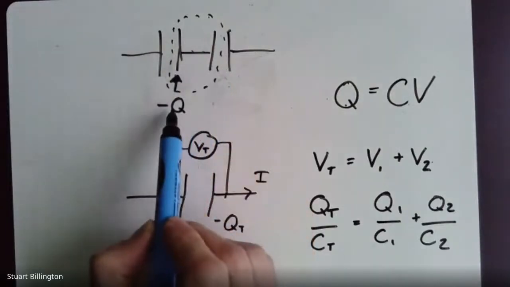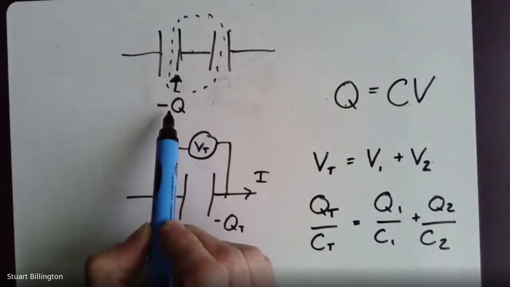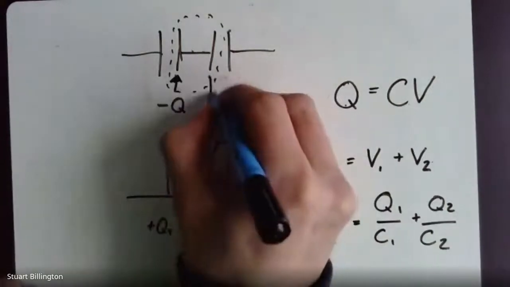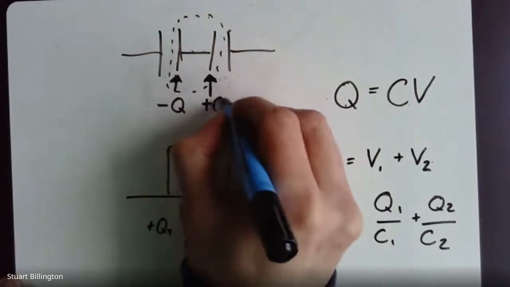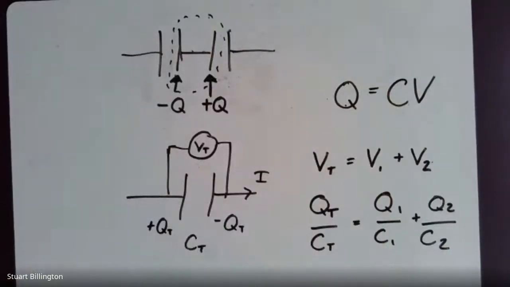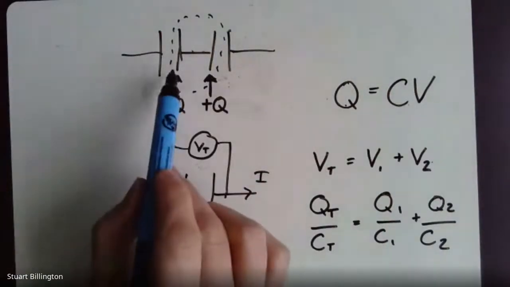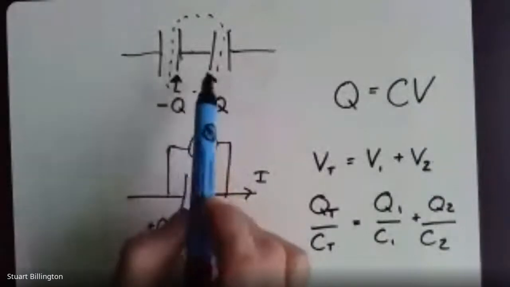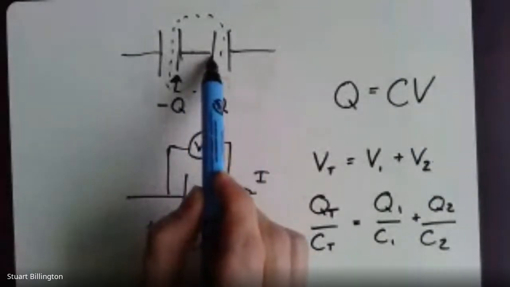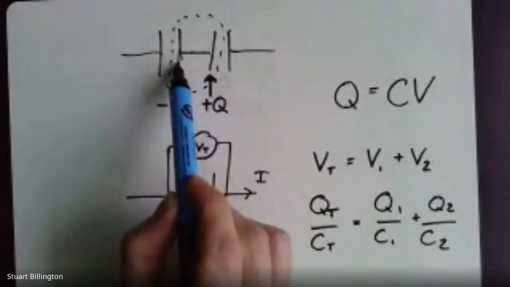So if this plate is going to pick up some electrons, the only possible place that it could have got them from is the only other place it's attached to. And so if this plate has gained electrons, this one must have lost exactly the same number of electrons, because it is only from this plate that this plate can get its electrons.